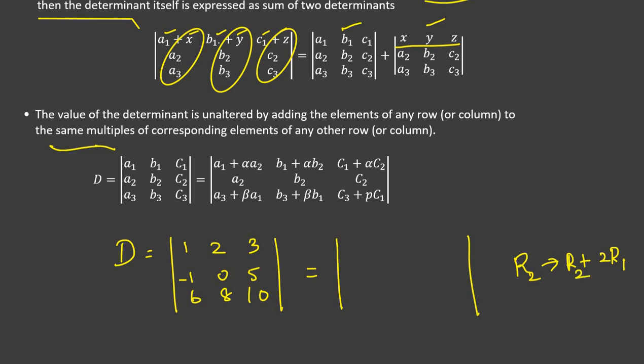I am going to change the second row. The first row will remain as it is. The second row, add the first row multiplied by 2 to the second row. So 2 into minus 1 gives us minus 2. 2 into 2 is 4. 4 plus 0 gives us 4. 3 into 2 is 6. 6 plus 5 gives us 11. 6, 8, 10. Then the value of the determinant is unaltered. In this example I have modified the second row using multiples of the first row.